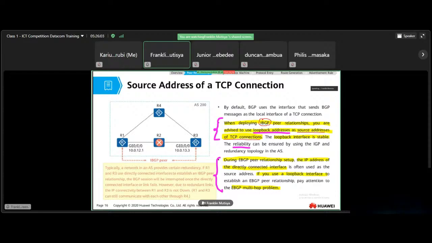For internal BGP, that is BGP between routers in the same autonomous system, two routers can be connected through other links. In other words, two routers may not need to be directly connected to each other.